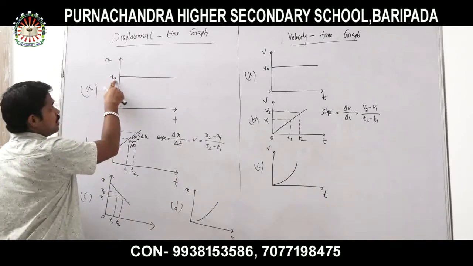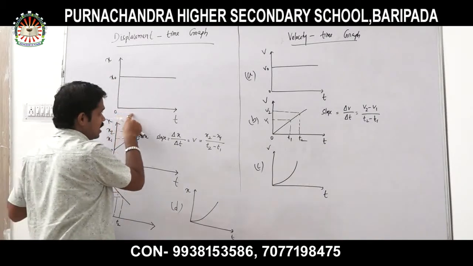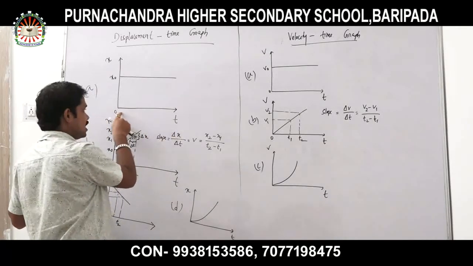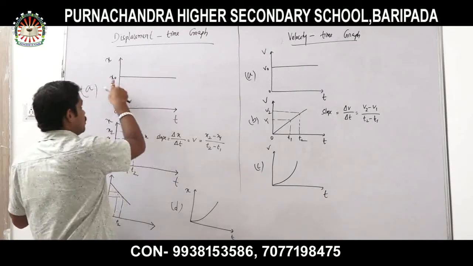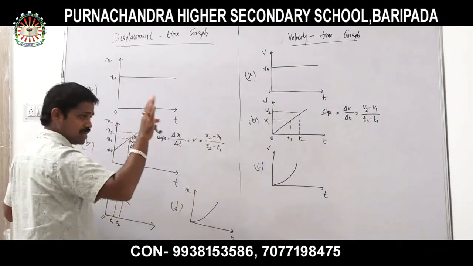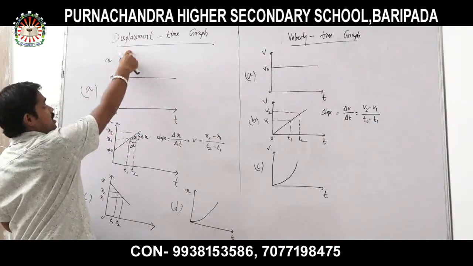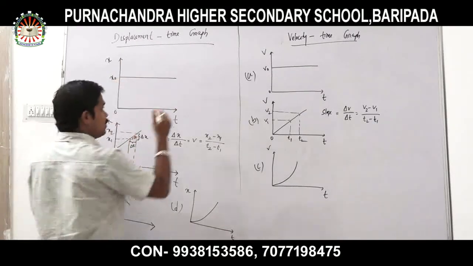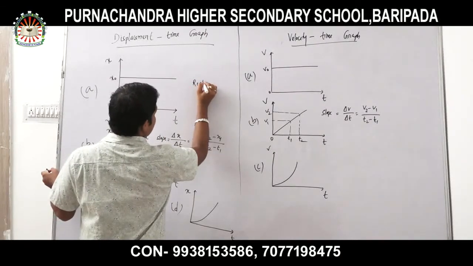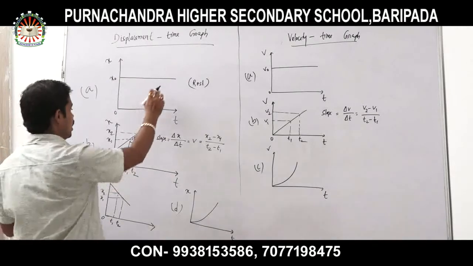That's why, at the position x0, as the time increases, the position of the object remains fixed. So figure number A, the displacement versus time graph, signifies that the body is at rest. Clear, all of you? Okay.